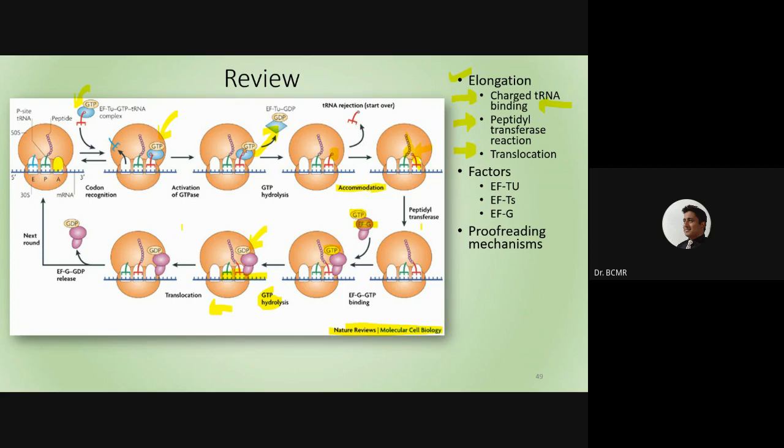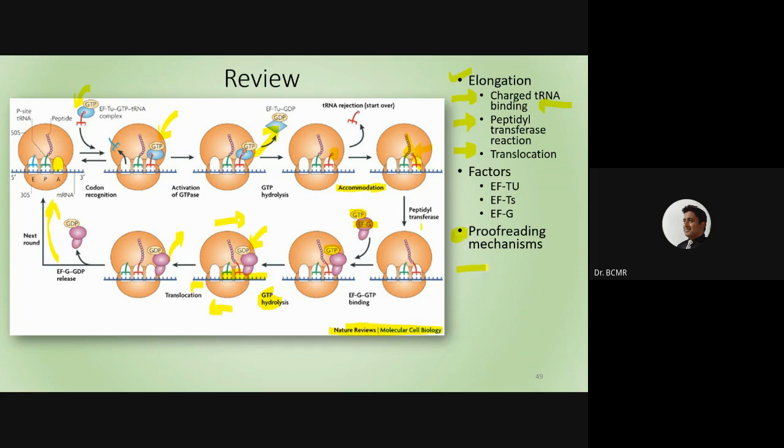As a result, you can either say the mRNA moved or the ribosome moved. Once the translocation is over, EF-G is released. And then this step keeps going on until a stop codon comes by, right? Those are the essential mechanisms of elongation.